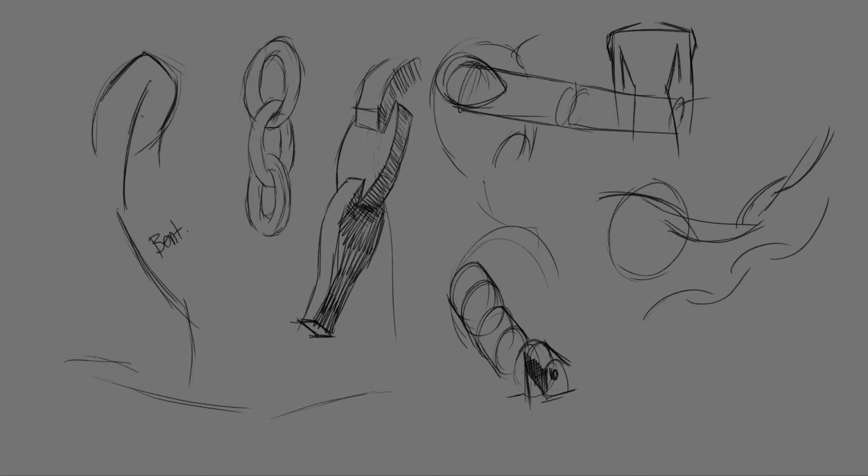And the shoulder pad, starting to think of the rhythm. Down at the end where we have the wrist, we want it to be a square shape. Going back in and looking for the cylinders.